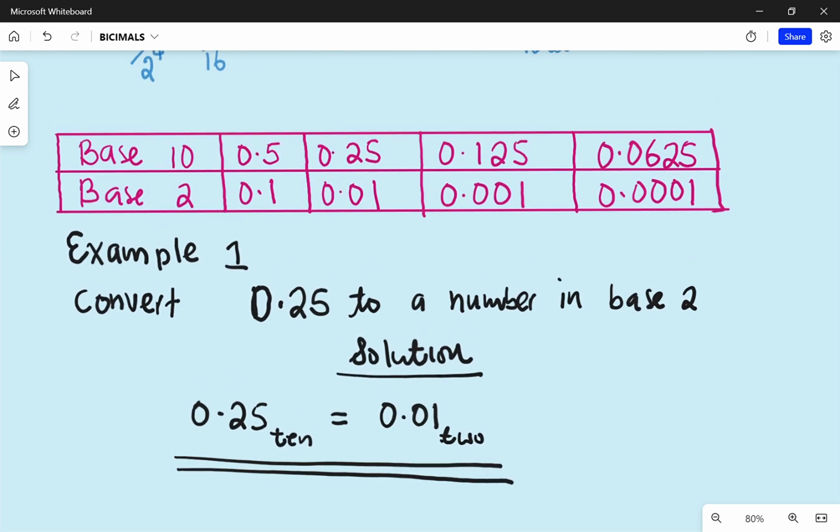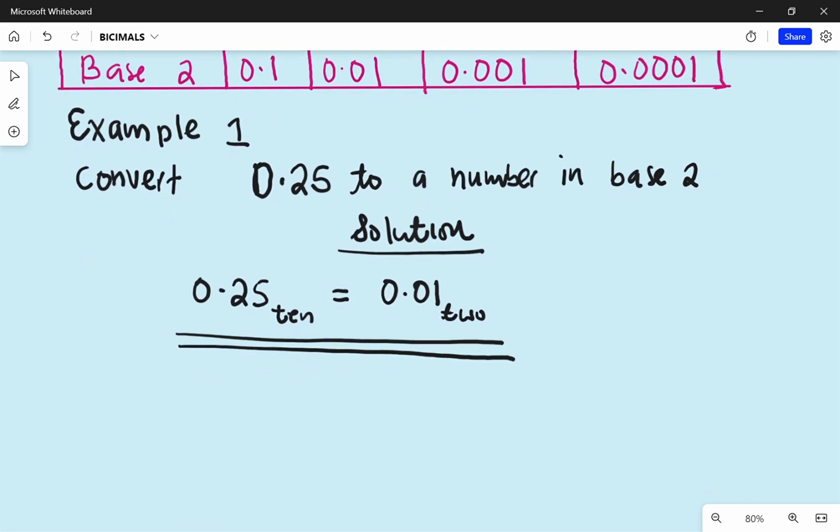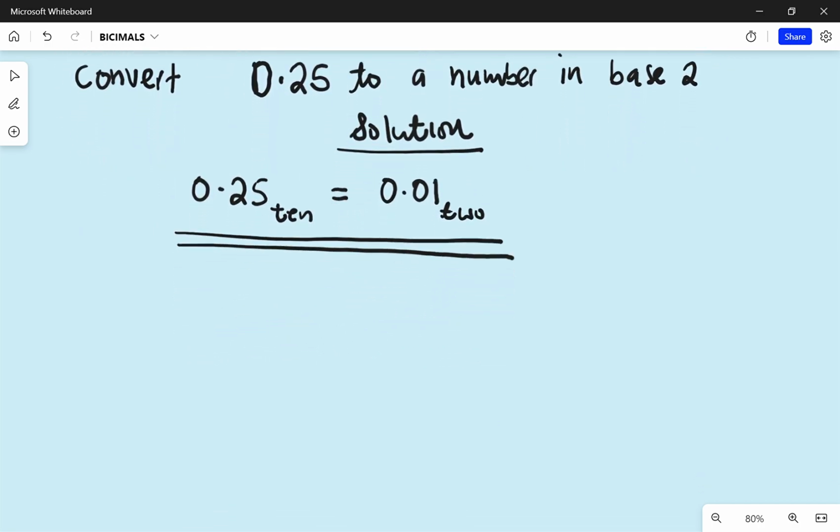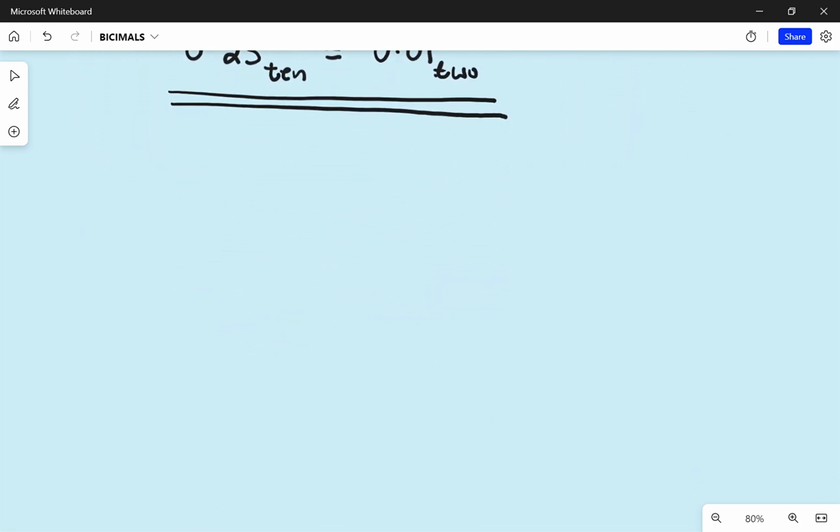Now let's look at how we can convert from base 2 now to base 10, meaning from bicimals to base 10. So example 2.